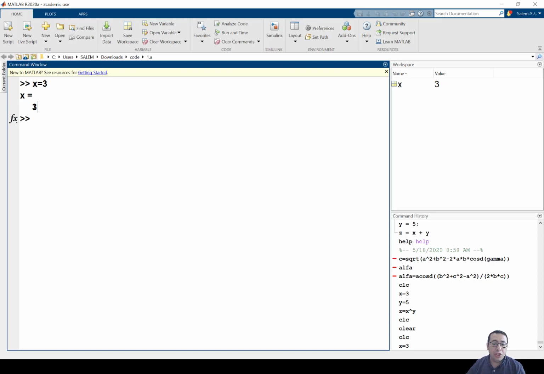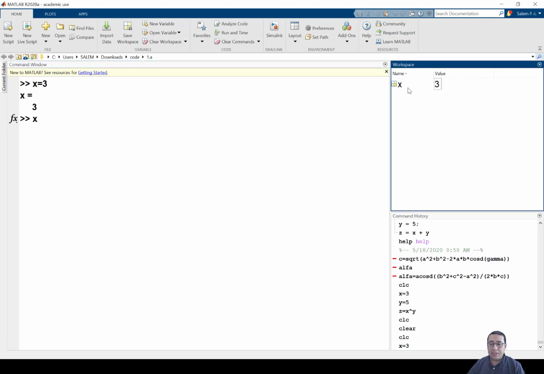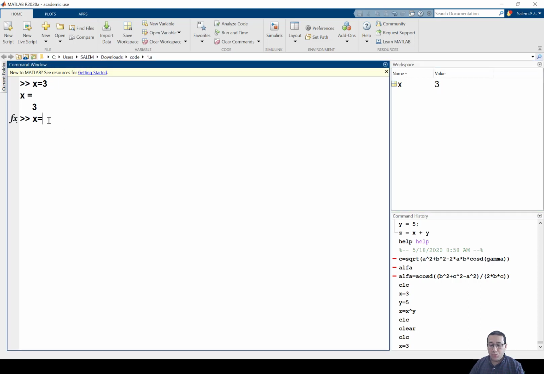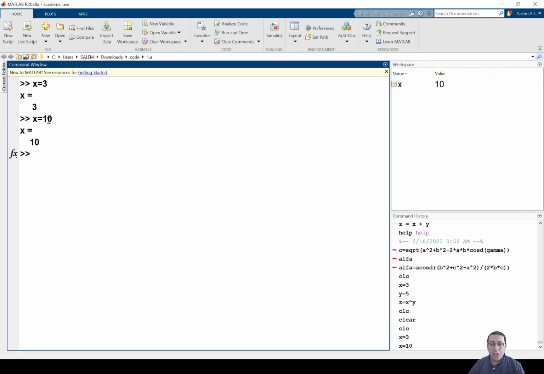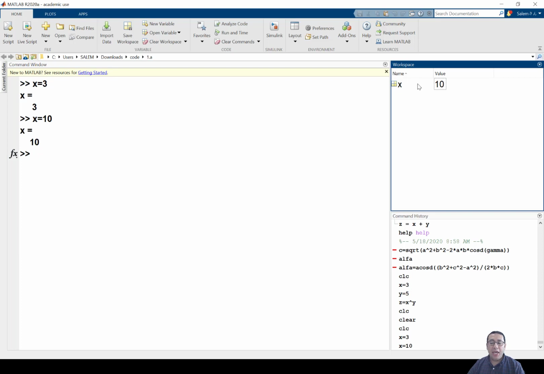It shows this again. So if we say x, please check here. This is the workspace and x equals 3. If I say x equal to 10 and enter, we changed the value for the x. So x became 10. If we check here, x became 10. And here we have the output from that.